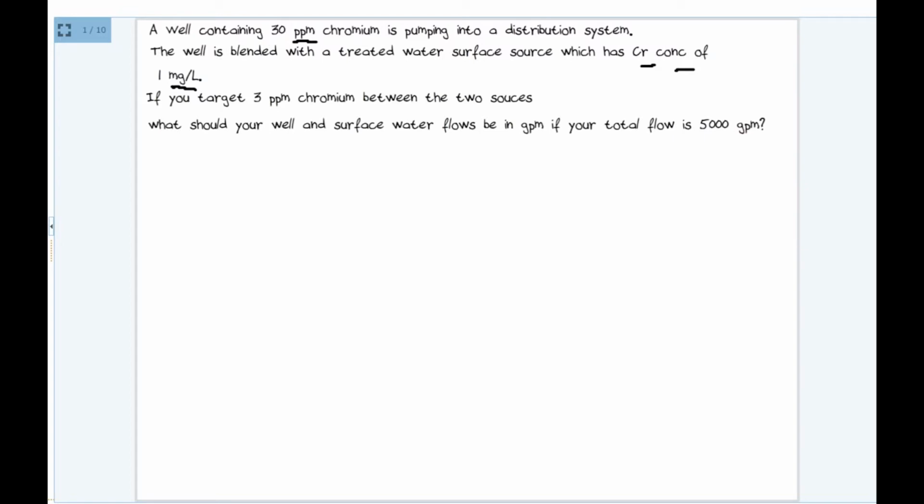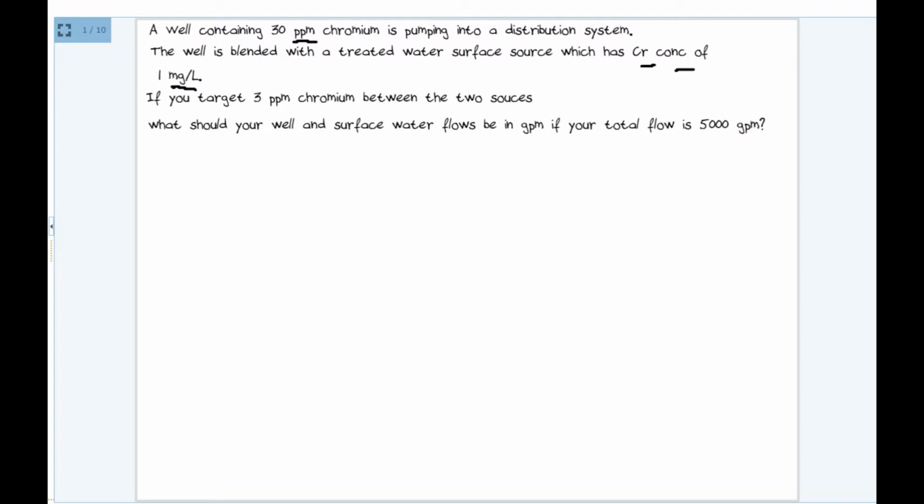What we see here is two different sources, a well source and a surface water source. The well source has a concentration of 30 parts per million, and the surface water source has a concentration of 1. So we recognize two separate sources with their own respective concentrations, and we want to target 3 parts per million.